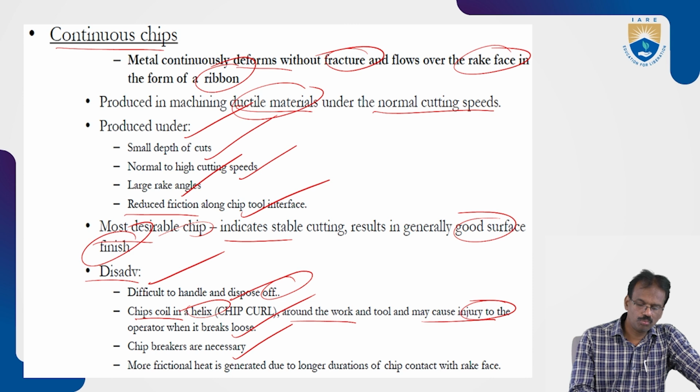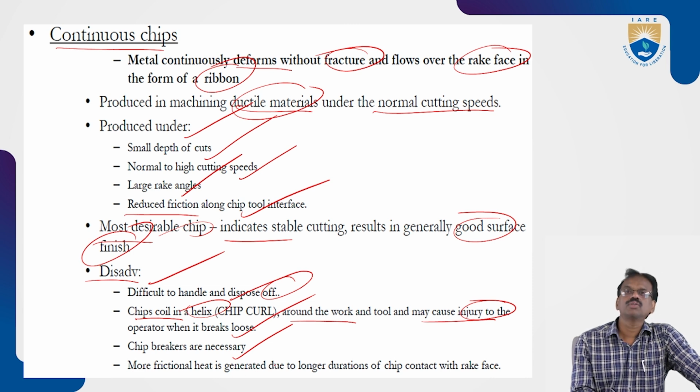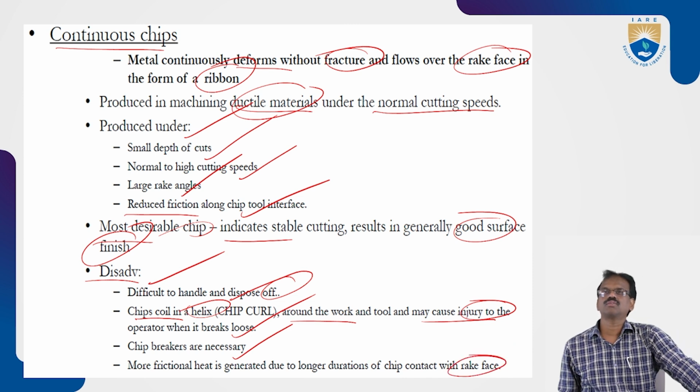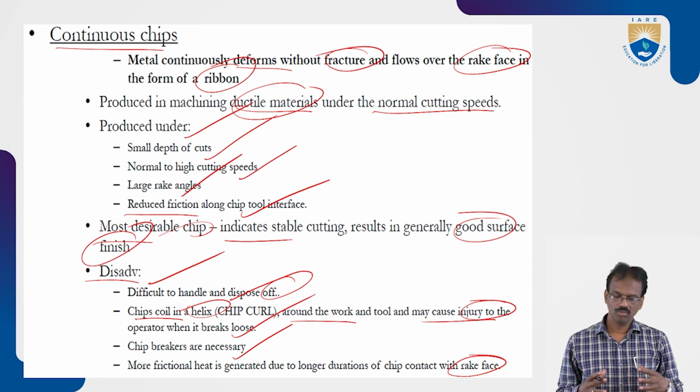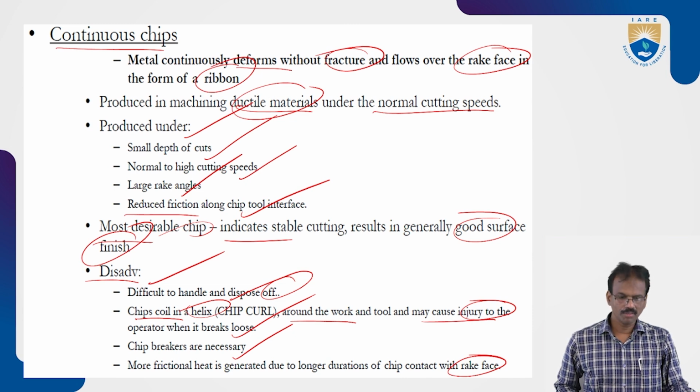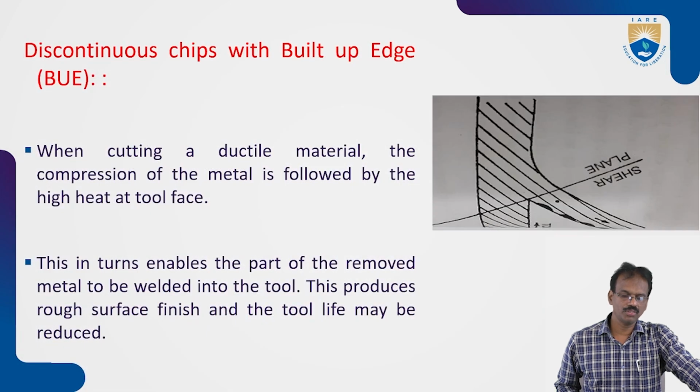More frictional heat is generated here due to the longer duration of chip contact with the rake face. So due to the longer duration of chip contact, heat transfer takes place more, by conduction. That is the main disadvantage of continuous chip formation.